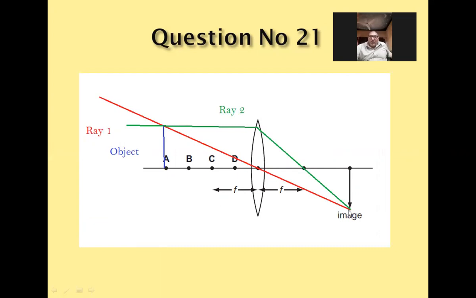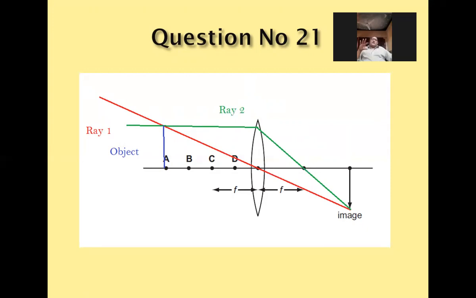Join the top of the image with the optical center, and this ray will go undeviated. This red ray, ray number 1, starts from the head of the image, passes through the optical center, and goes straight, undeviated. This red line I have drawn.